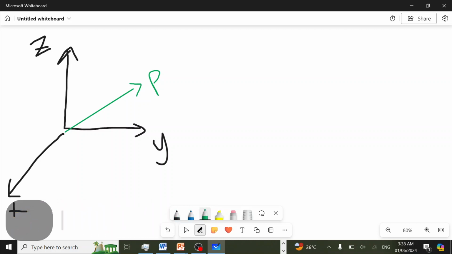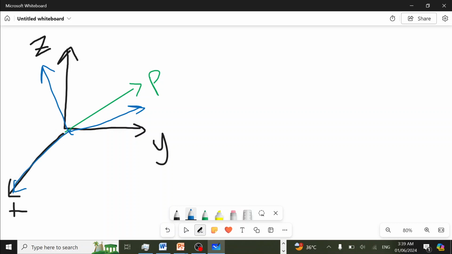Also, if we make a rotation matrix for this frame, for example, around the x-axis, we have this new frame.